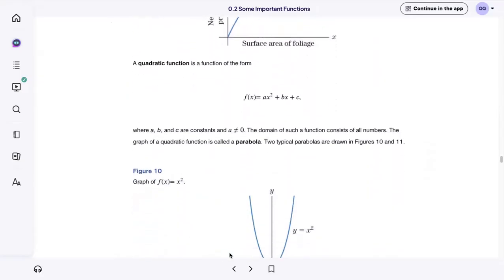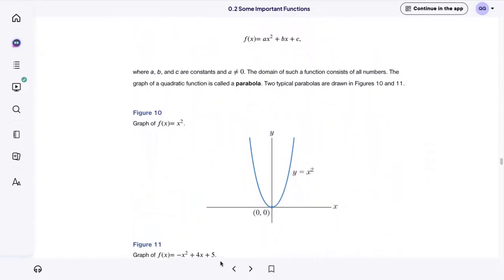This is the standard form for a quadratic function. You see the function f of x, a function in terms of x, equals ax squared plus bx plus c. B and C may be 0, but A will never be 0, because if A is 0, it won't be a quadratic function anymore.